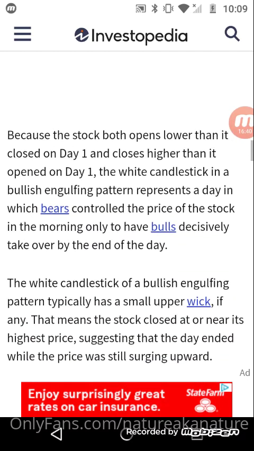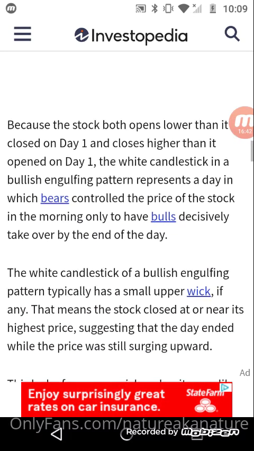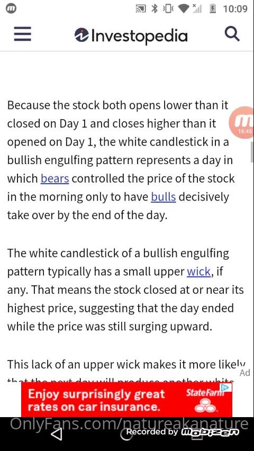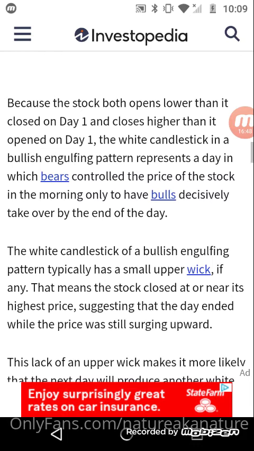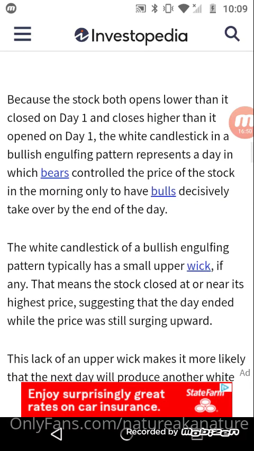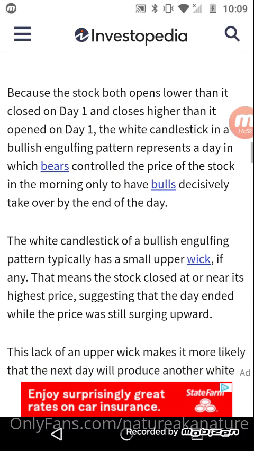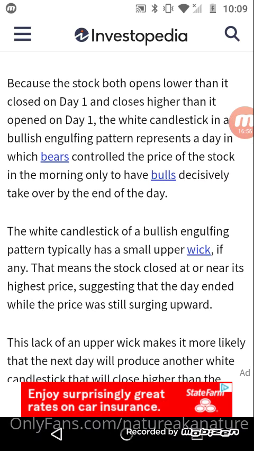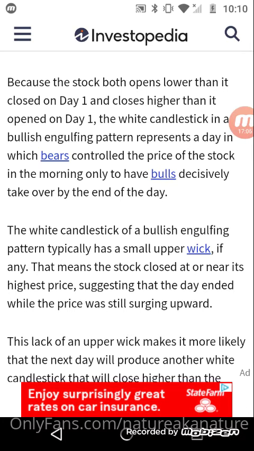So bears are selling and bulls are buying. Sellers were in control of price throughout the day, and then buyers eventually were able to take control by the end of the day.